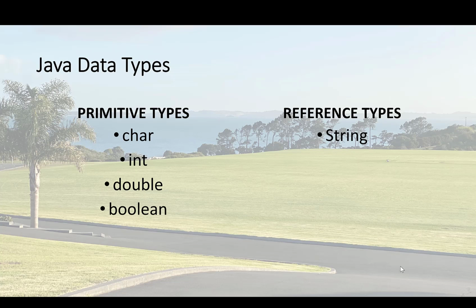You'll notice that string starts with a capital letter. It's a little bit more powerful than char, for example. Char is designed to store one keyboard character, such as a letter, a number, a symbol. But string actually stores a sequence of characters.